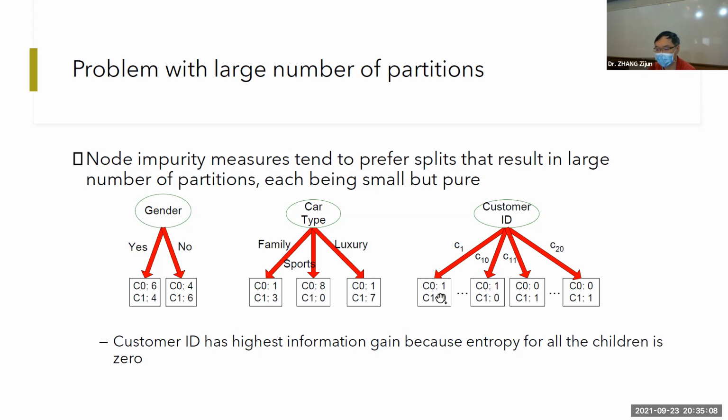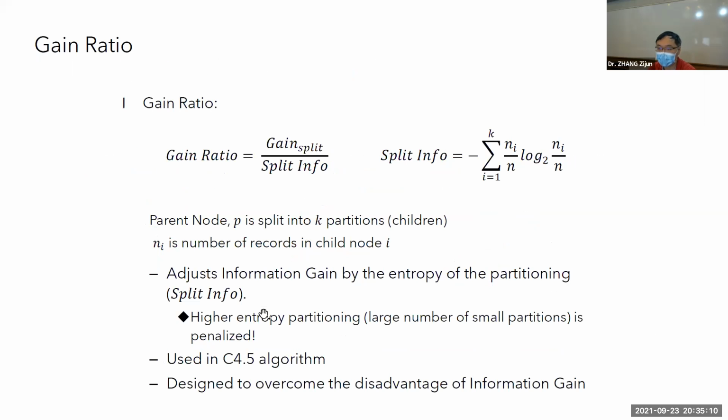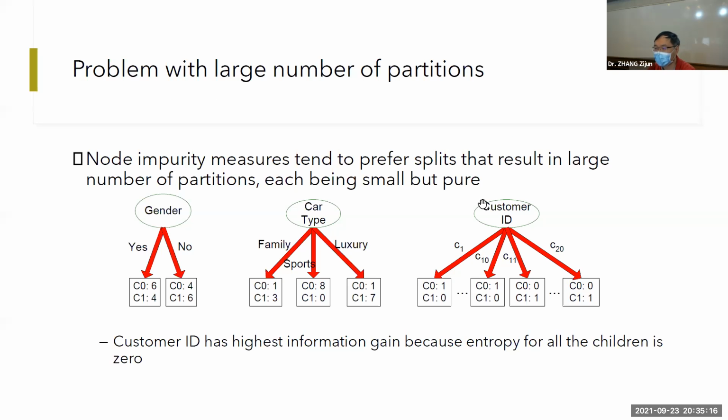So 1 minus 0. Then how can we handle this case?